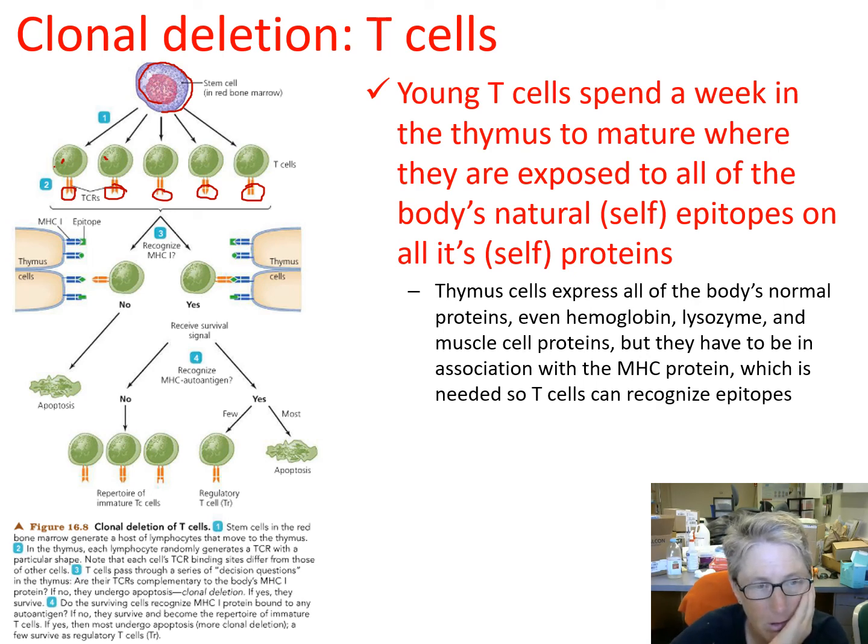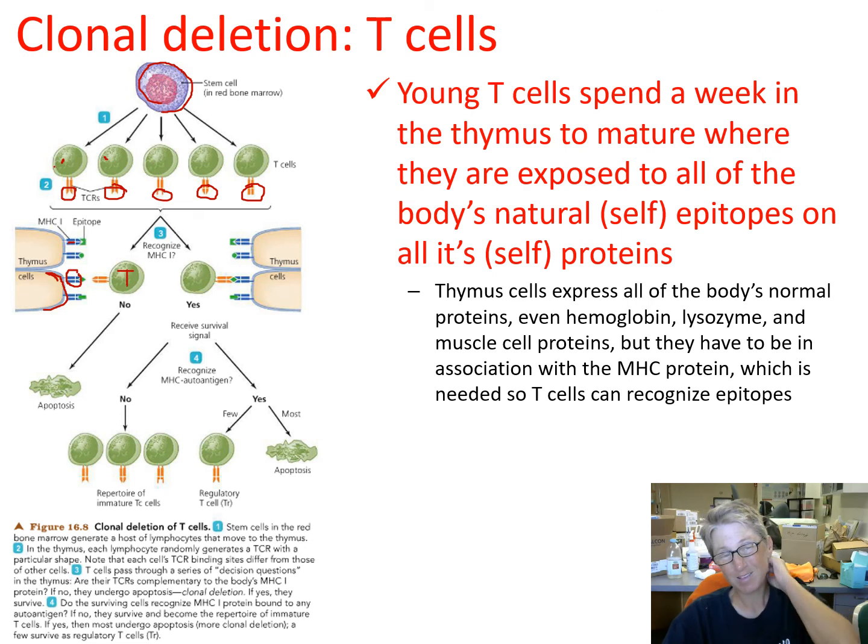So in this cartoon, here's the thymus cells. Here's an MHC1 complex. So the first question you have to ask, does the T cell, the immature T cell, recognize this MHC complex?